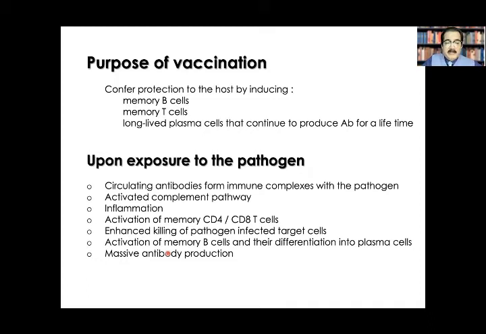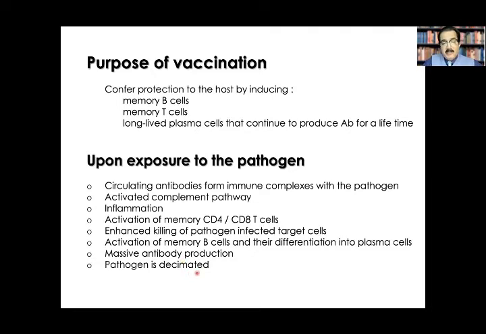You have activation of memory B cells and rapid differentiation to plasma cells, and you have massive antibody production. And for the most part, you do not even know that you got a secondary exposure because the system is so efficient at dealing with repeat responses to things seen in the past or things that you have been vaccinated to.